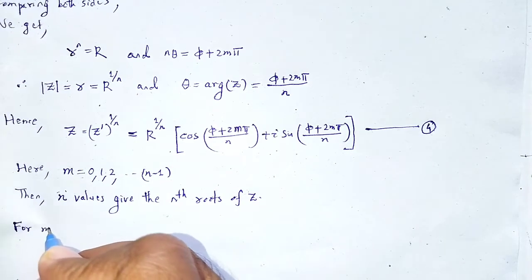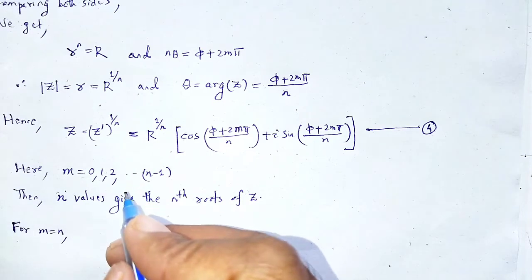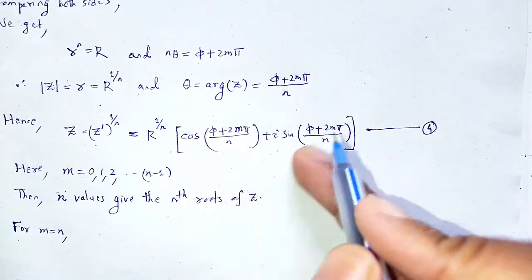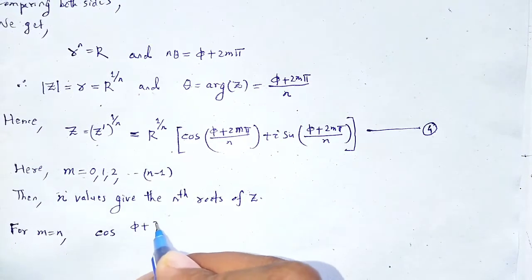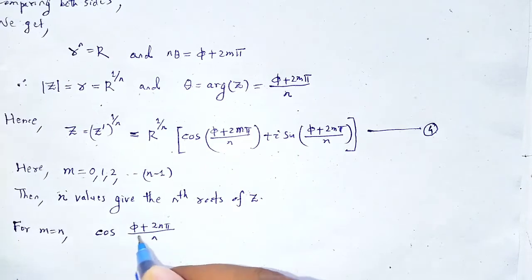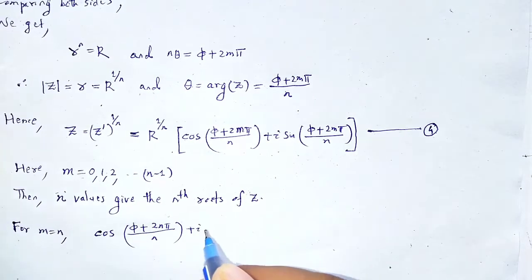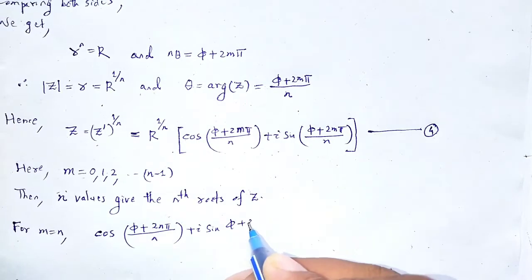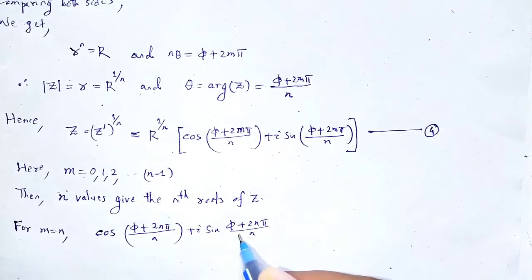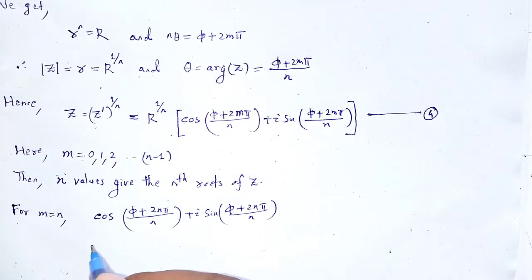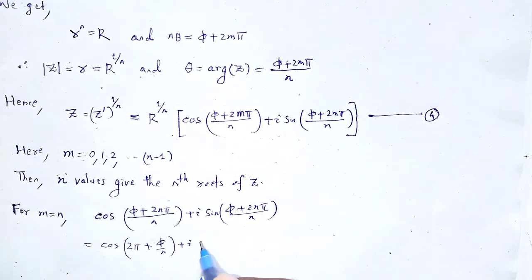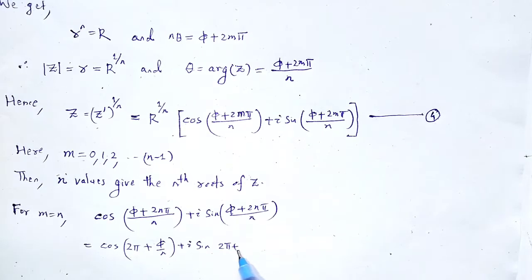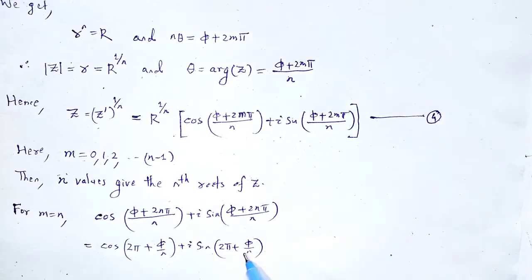When m is equal to n, that bracket term converts to cos of (phi plus 2n pi) divided by n plus I sin of (phi plus 2n pi) divided by n, which is equal to cos (2 pi plus phi) by n plus I sin (2 pi plus phi) by n.